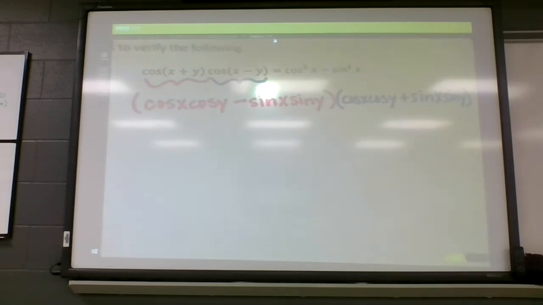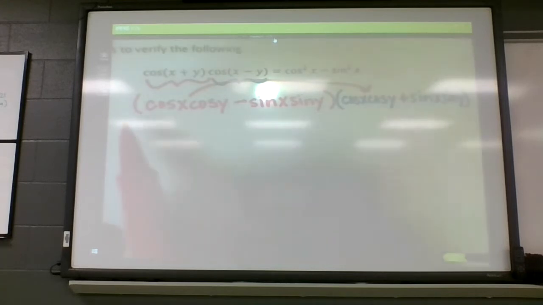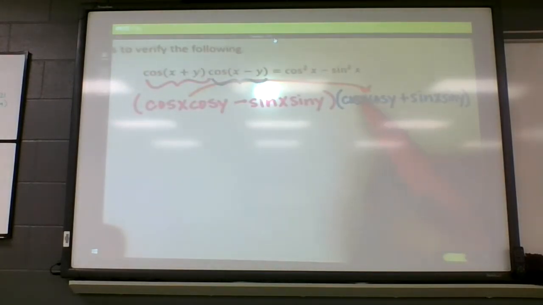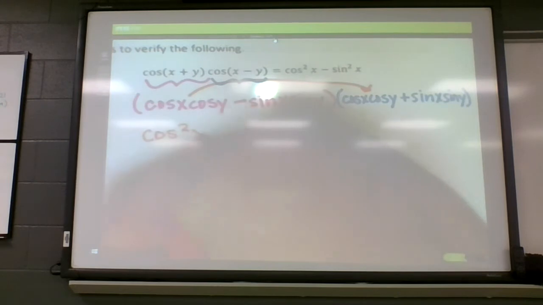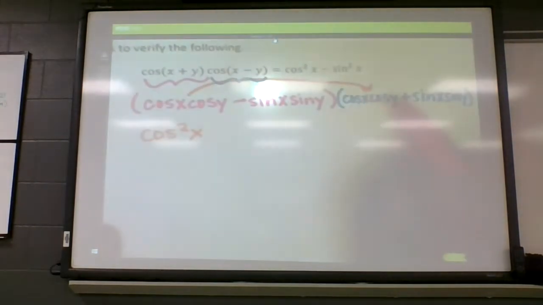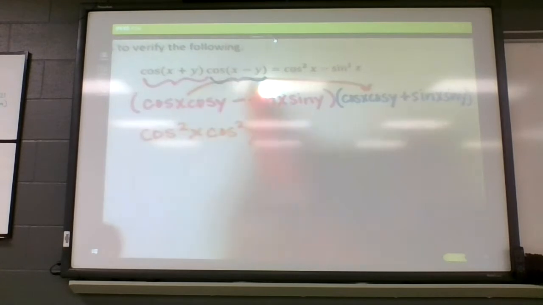So some really nice things are going to happen when we multiply this out. We'll have this first piece times itself: cosine x cosine y times cosine x cosine y. You can multiply in any order, so cosine x times cosine x is cosine squared of x, and the cosine y is cosine squared of y. That's the first multiplication.